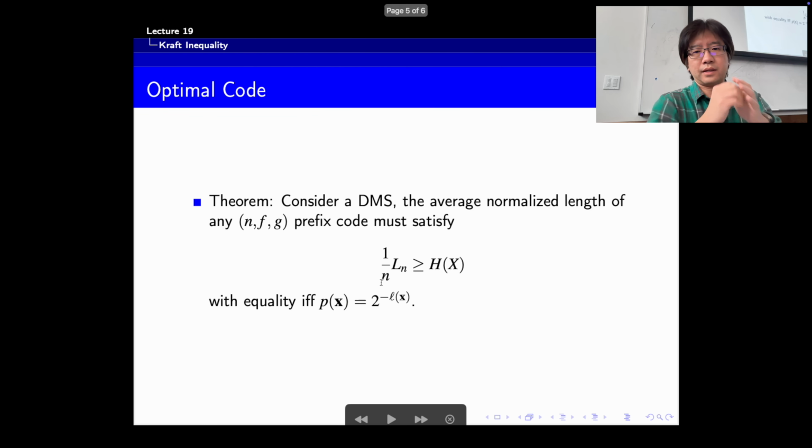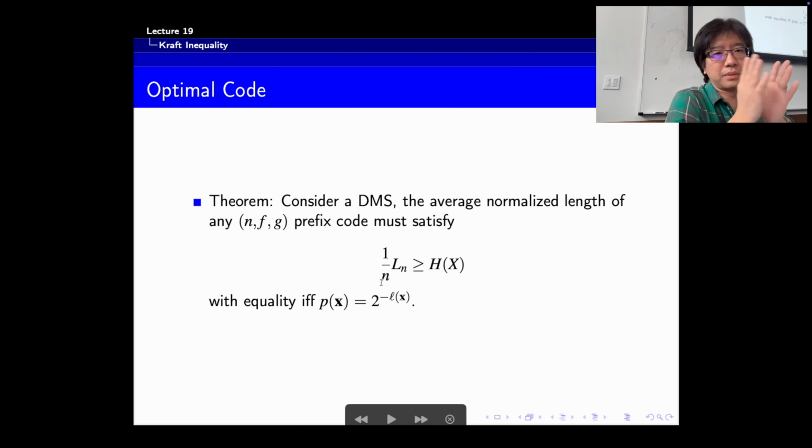Then we focused on the optimality of the code. What we can show here is that we consider the block code, which is an n-symbol code, and we also consider a prefix code. It is kind of obvious that this inequality is true, because we showed before that even if we allow an epsilon error, this inequality is true.